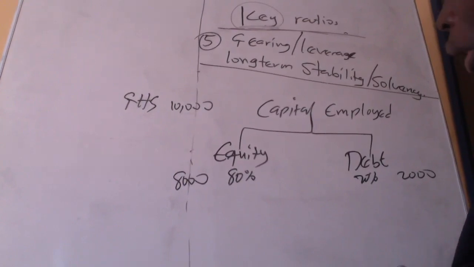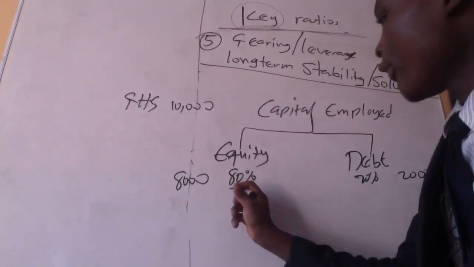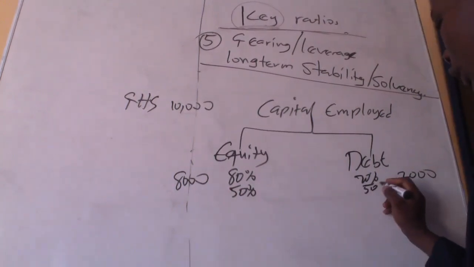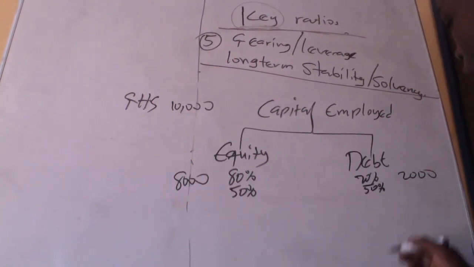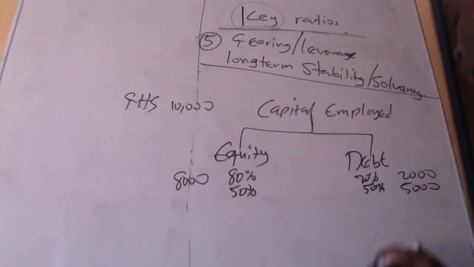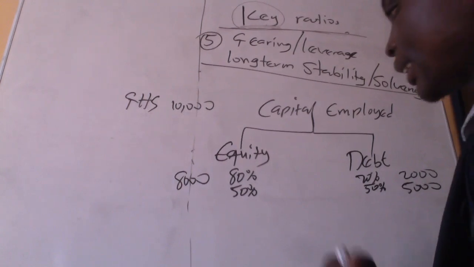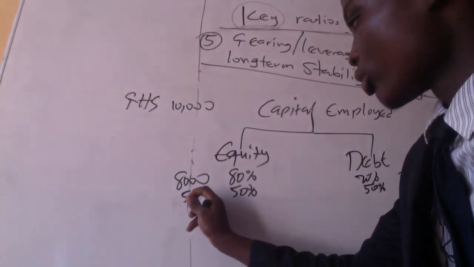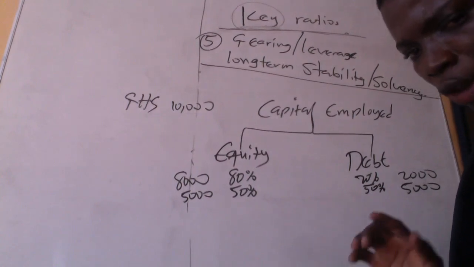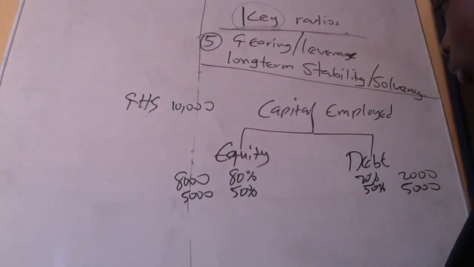Someone will say, okay, no way. Me, I want 50-50. Let's split the risks. The owner should bear 50, the debt holder also should bear 50. So 5,000 Ghana cedis should be raised through debt, and the other 5,000 should be raised through equity. Now be with me, we're going to make some analysis here.